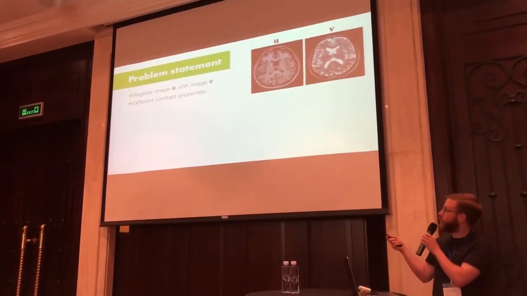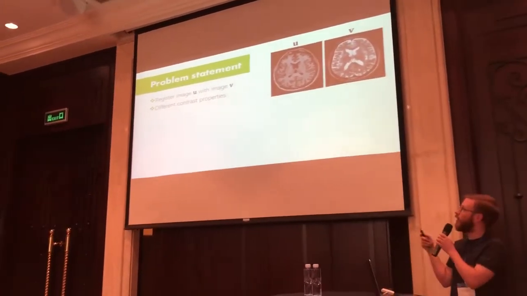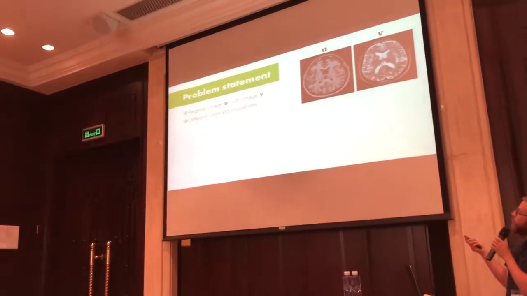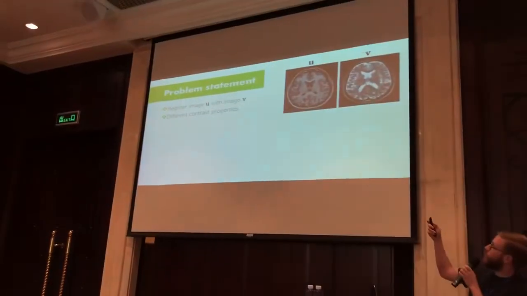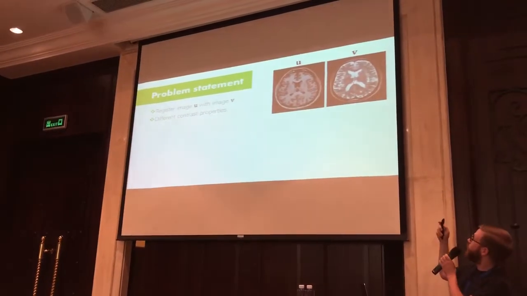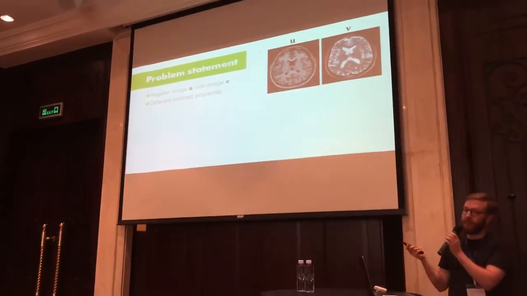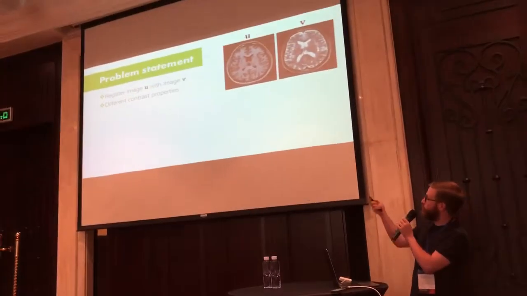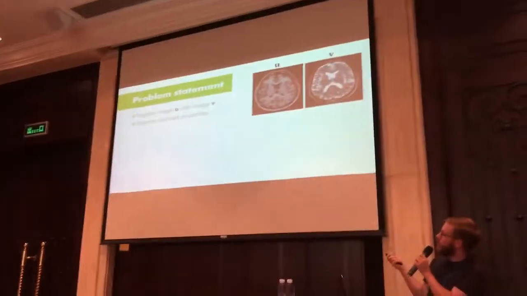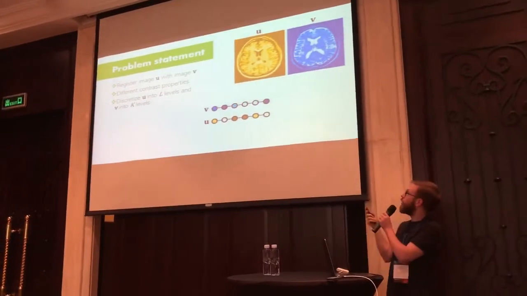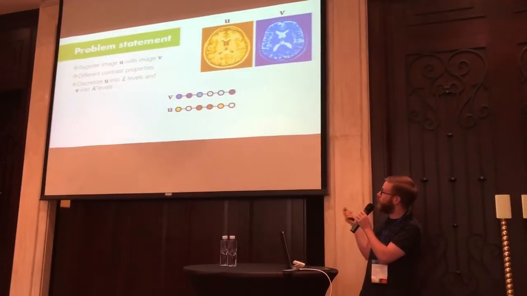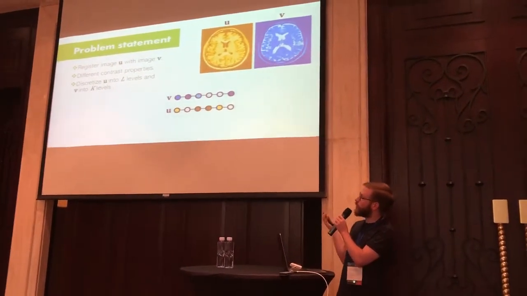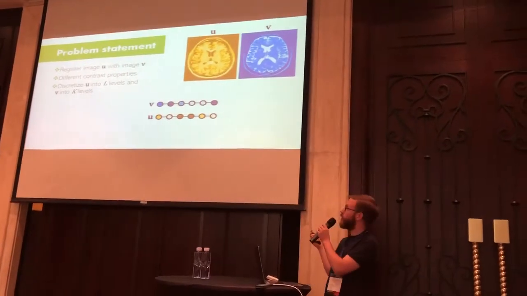So we want to register image U with the image V. Here we have U as a T1 weighted image and V as a T2 weighted image, and we have different contrast properties. As in mutual information, we discretize the intensities in the images.